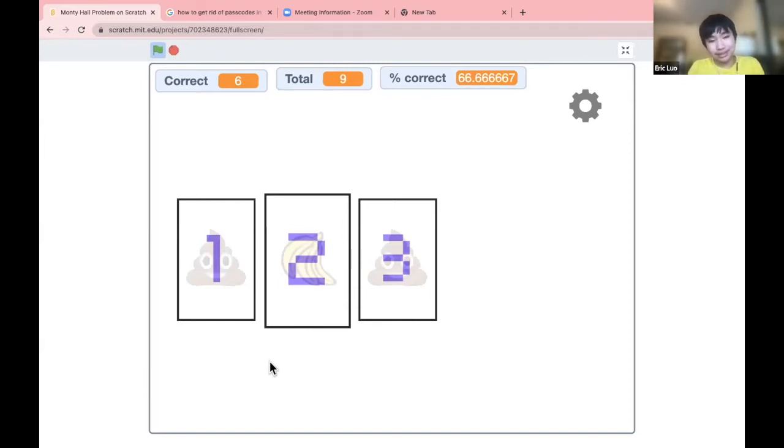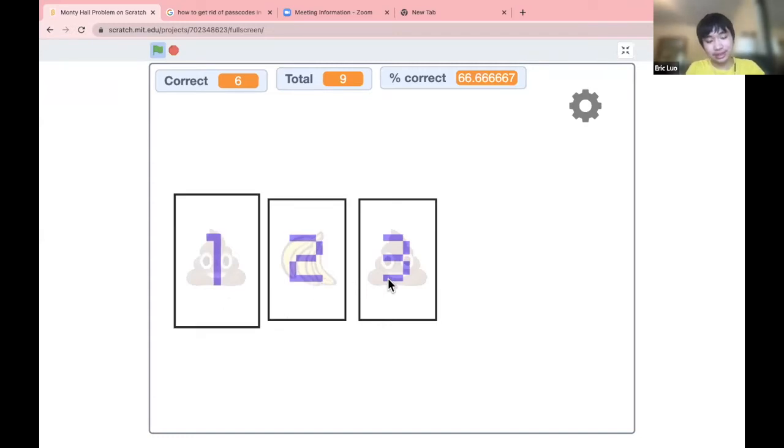And remember, if you get a banana originally, then you must get poop. If you get a poop originally, you must get a banana. Since there's a 2/3 chance of getting poop originally, if you switch, you have a 2/3 chance of getting a banana, which is what we found in this experiment.